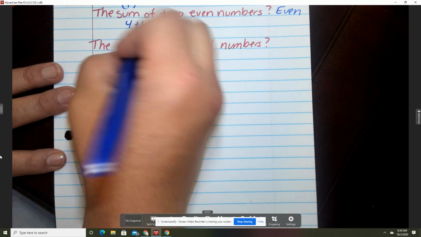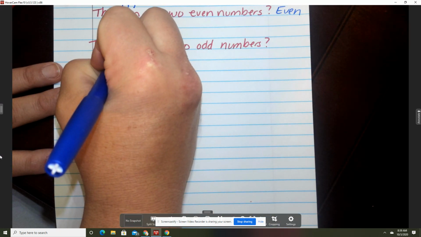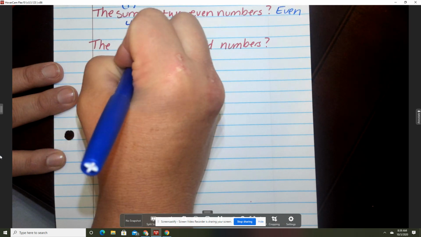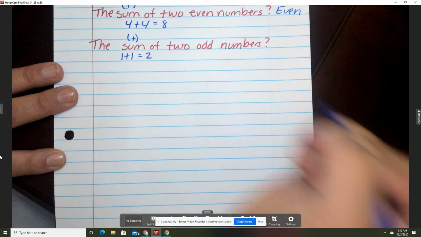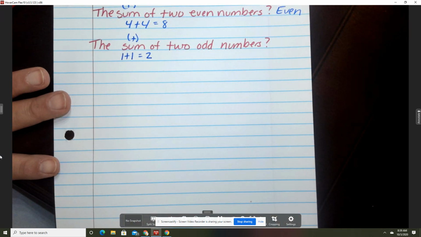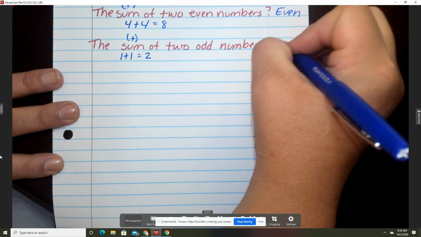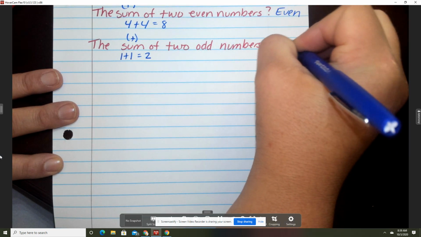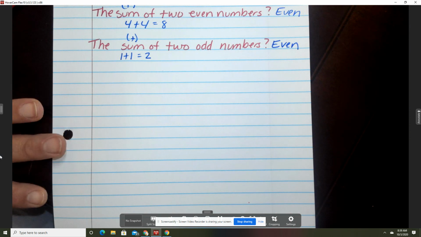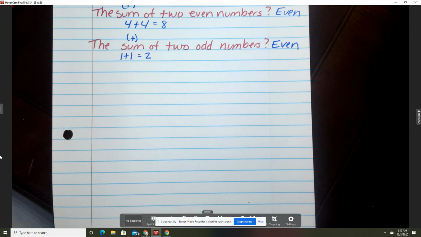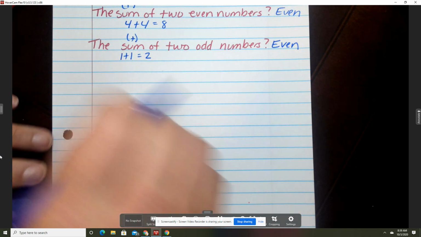So let's just do easy peasy. 1 plus 1 equals 2. So when you add 2 odd numbers, it's going to be even. When a test would ask you this, you have to work it out so you can know for sure. Or 9 plus 9 equals 18, and that's going to get you even.